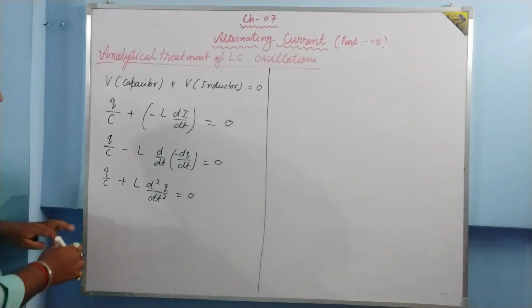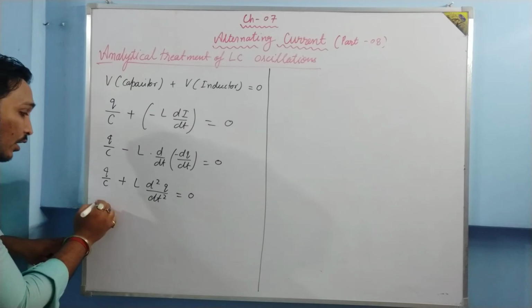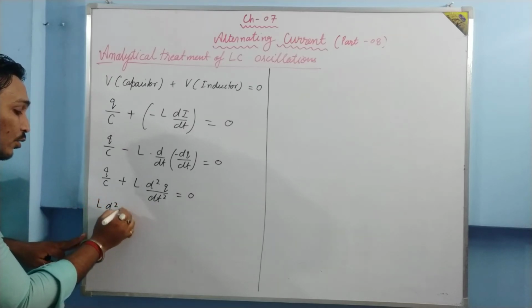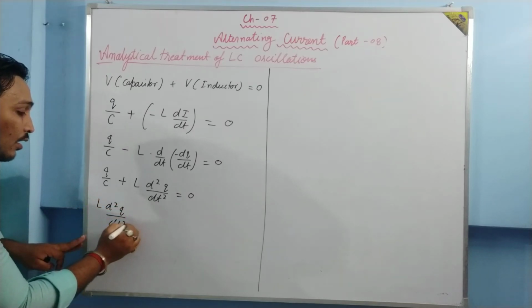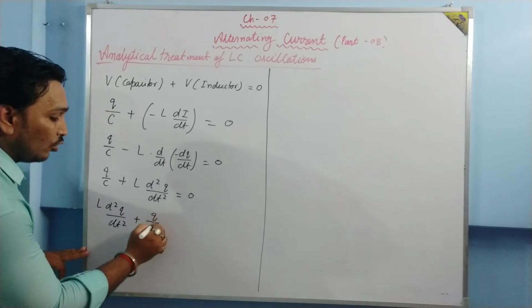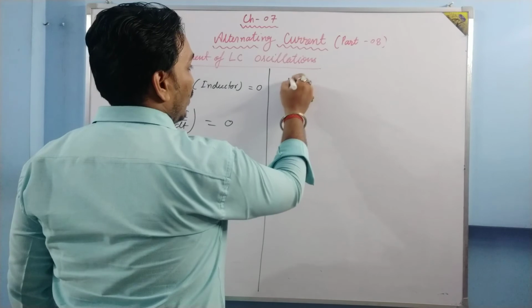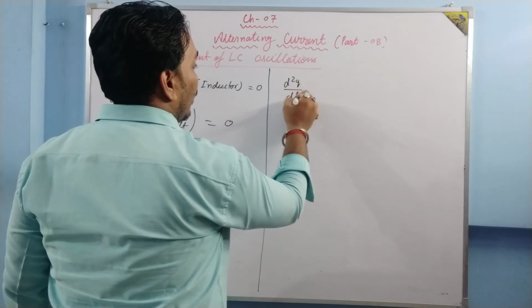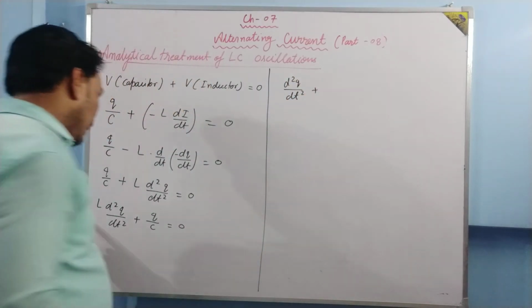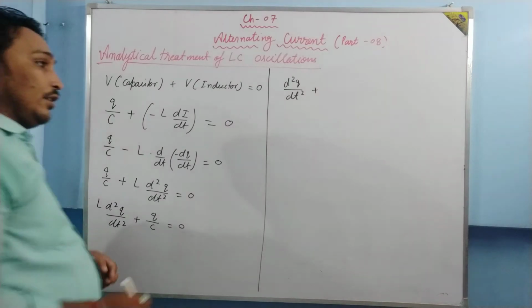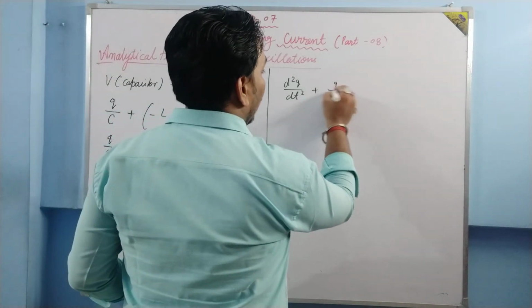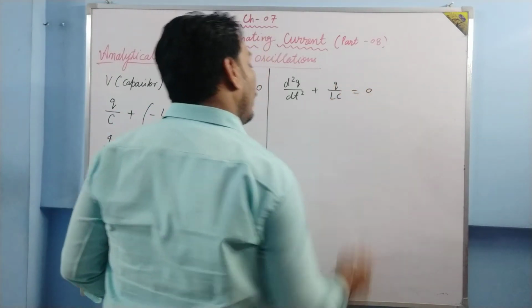Or we can write it as L d square q upon dt square plus q by C is equal to 0. Or I can write d square q upon dt square plus, if I take L common and send it across, q upon LC is equal to 0.